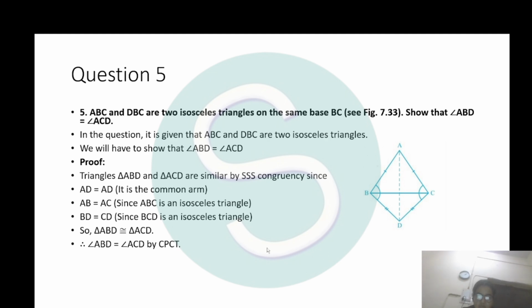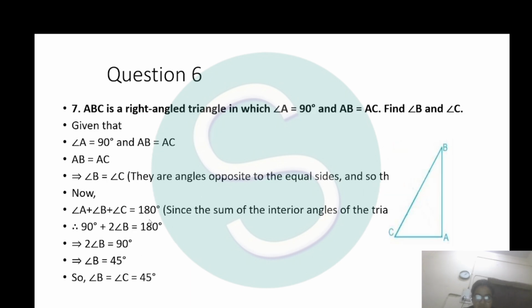So here we can see that by side-side-side congruency, we can prove triangle ABD is congruent to triangle ACD. We have to prove angle ABD equals angle ACD. So we can prove that by using CPCT.